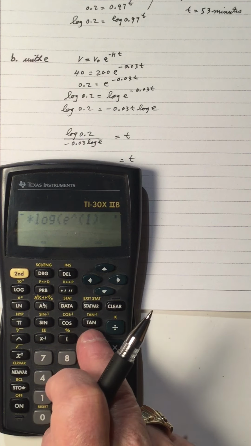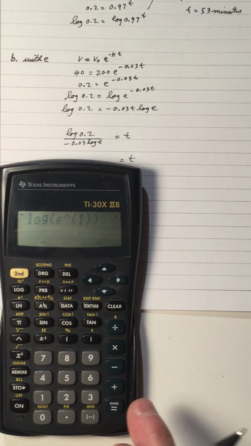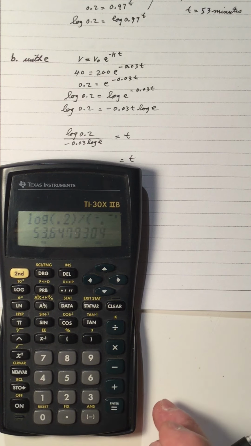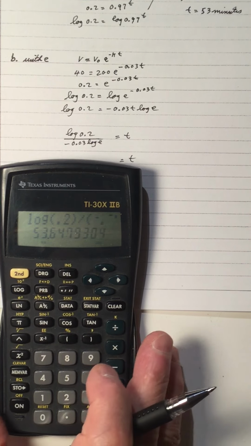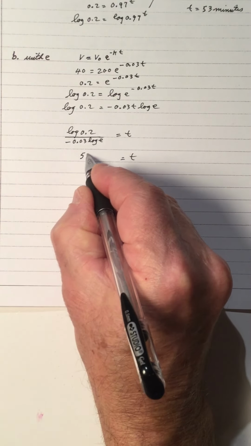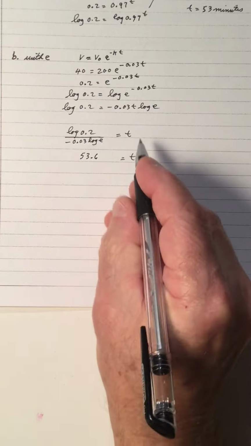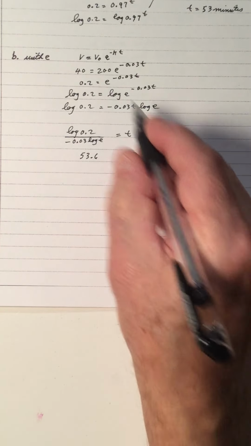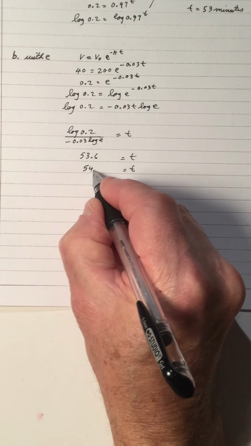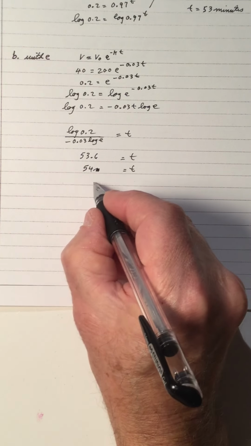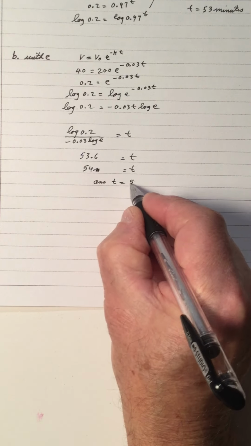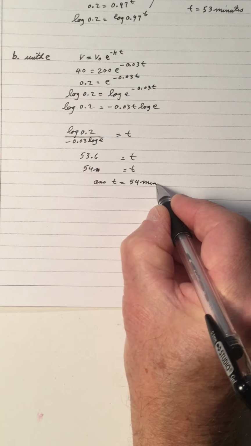You get used to it if you keep practicing. The more practice the better. And you should get 53.6. This time, because we use e, which is continuous, we get a closer answer. So it's 54. The answer is, time is 54 minutes.